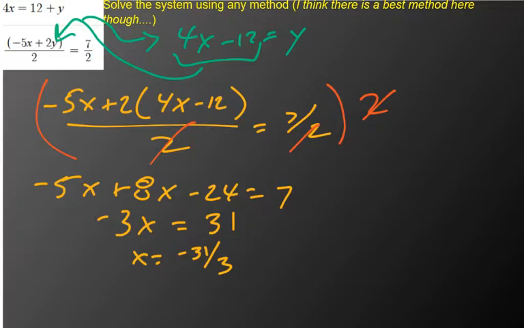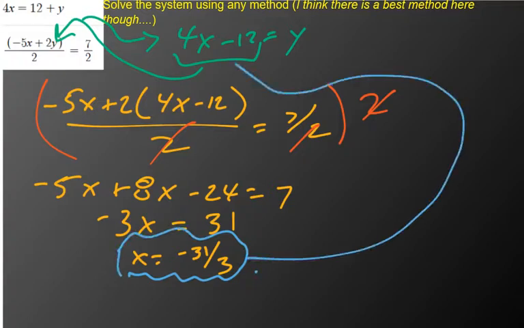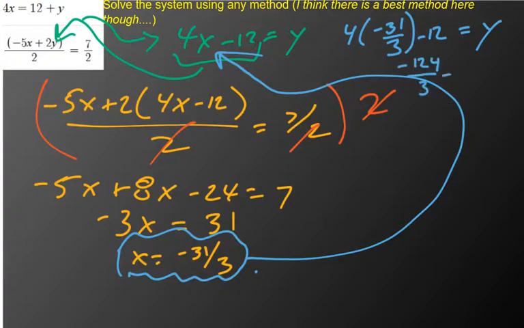And then I need to take this and substitute it back there to get y. So 4 times negative 31 over 3 minus 12 should equal y, which is negative 124 over 3. I'm going to switch the 12 to a common denominator here, so I'm going to do 36 over 3, right?